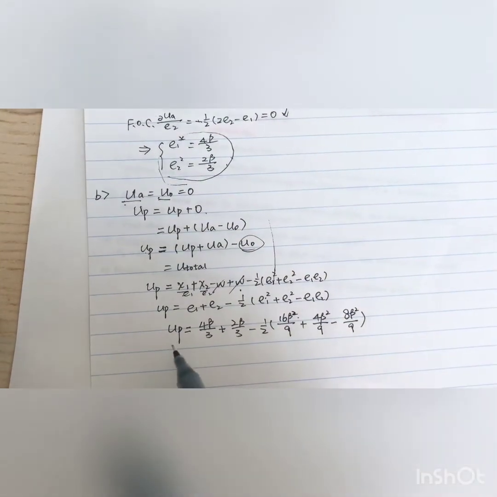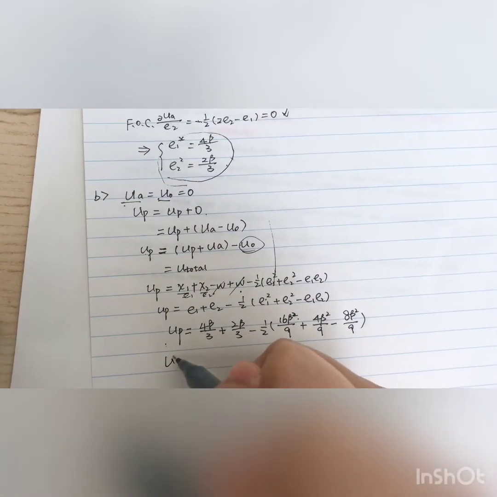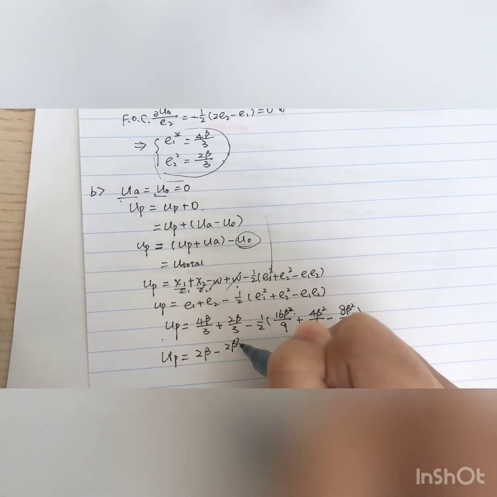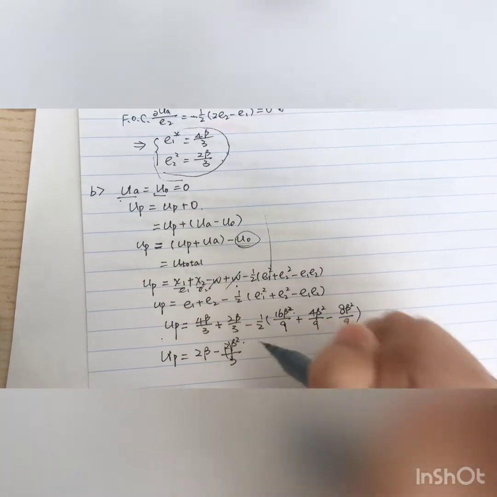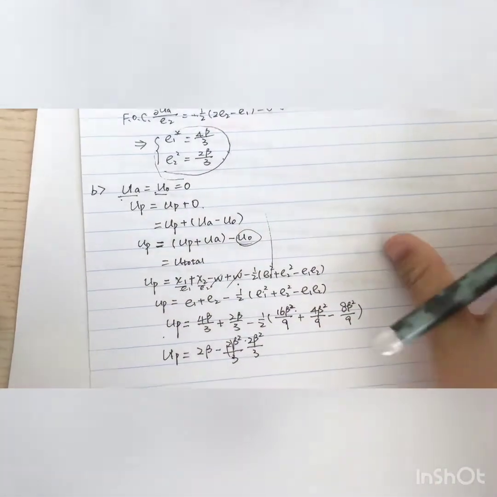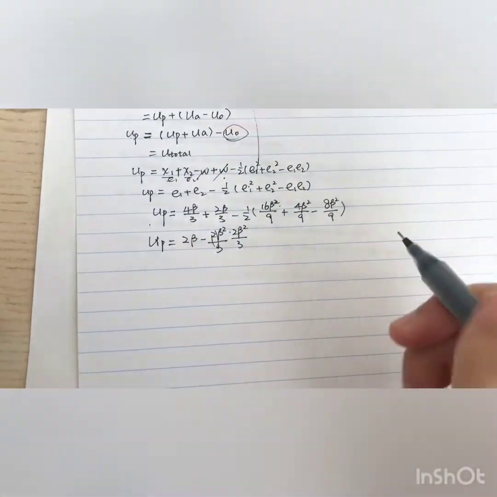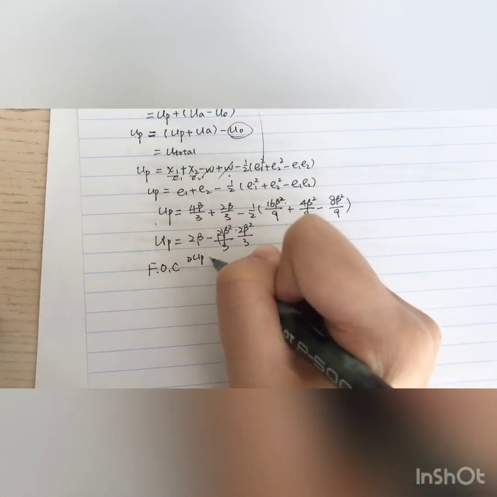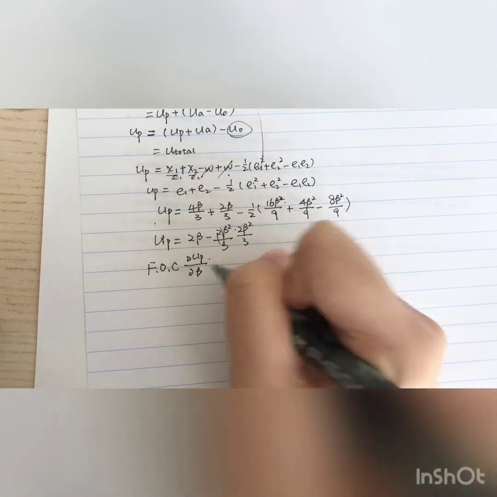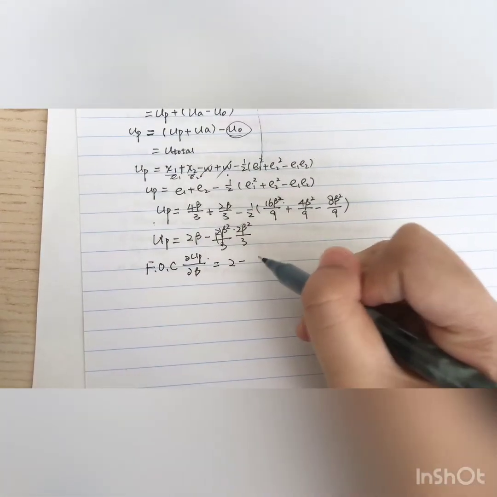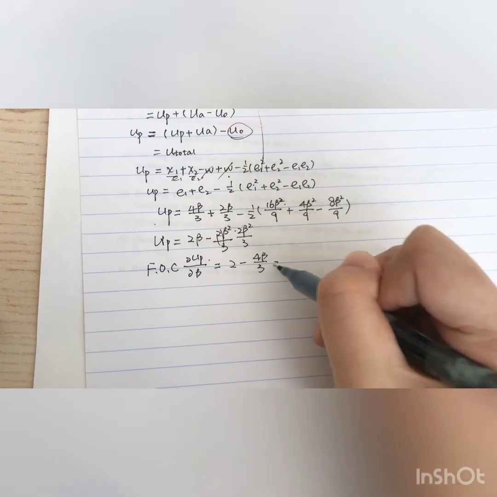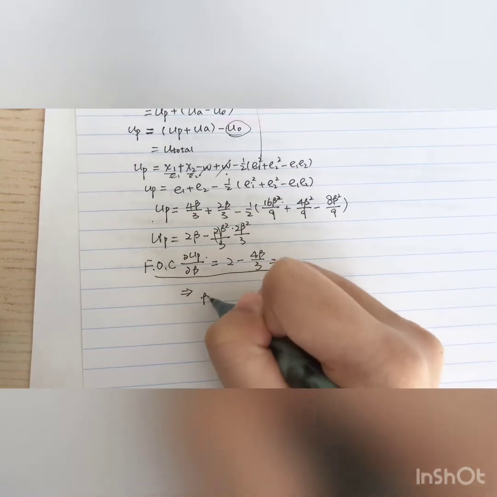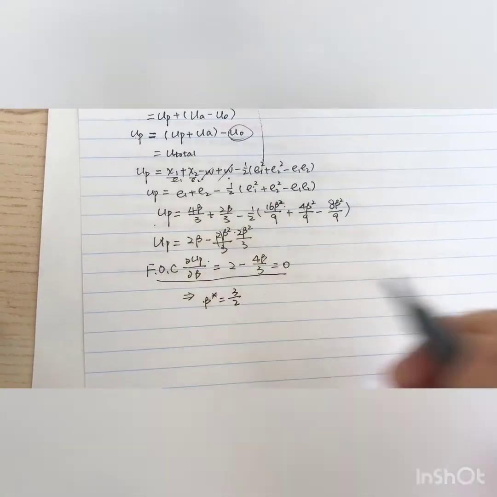And after simplifying this function, we get UP equals 2 beta minus 2 beta squared over 3. And to find out the beta, we just take the first order condition of UP regarding beta, which is 2 minus 4 beta over 3 equals 0. And from this function, we can get beta star equals 1.5.